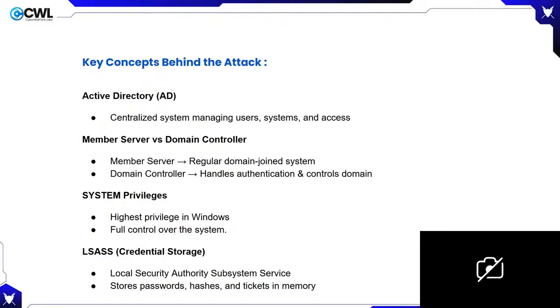LSASS stands for Local Security Authority Subsystem Service. It is like a storage where all the credentials of the users, hashes, and also the tickets are stored. So if an attacker, or anyone, gets access to this storage, he gets the hashes of the users, passwords, and also the tickets.